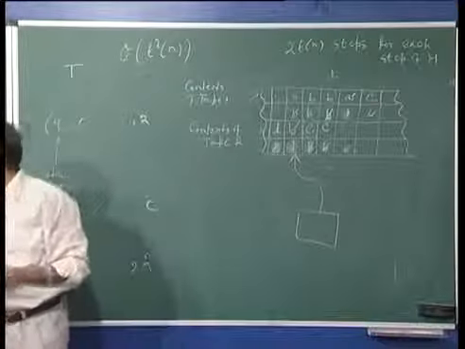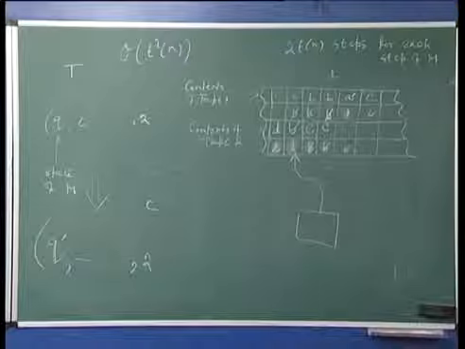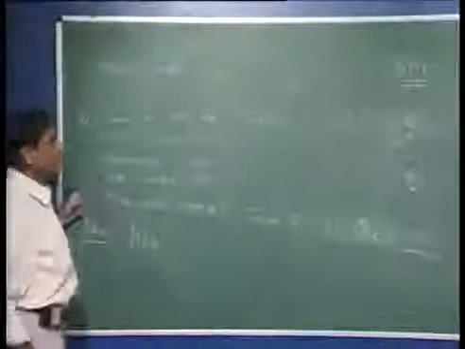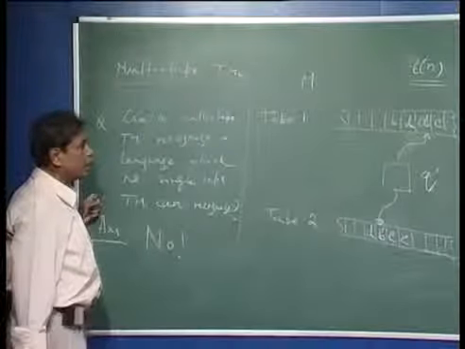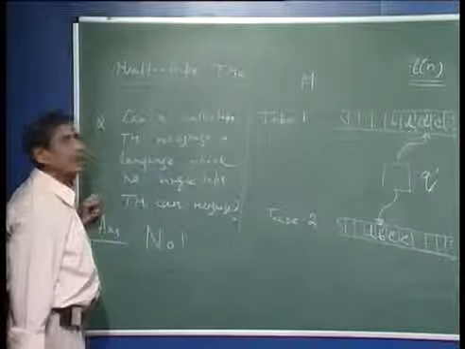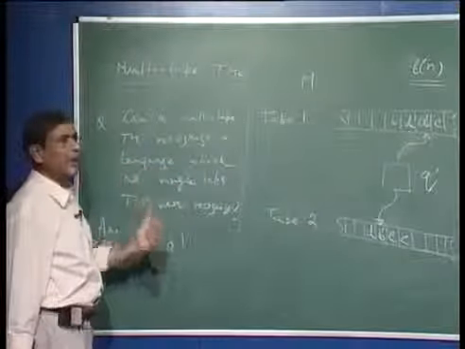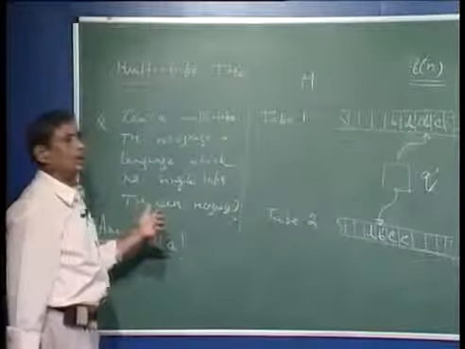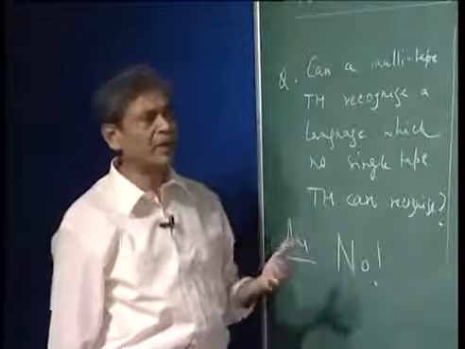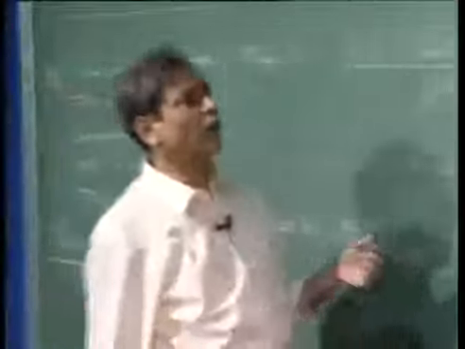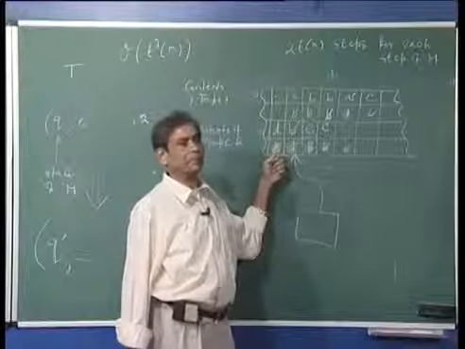So, that completes our discussion that multi-tape Turing machines can be simulated by a single tape Turing machine, and therefore, having a number of tapes does not add extra power in terms of recognition of languages over machines which have only a single tape.